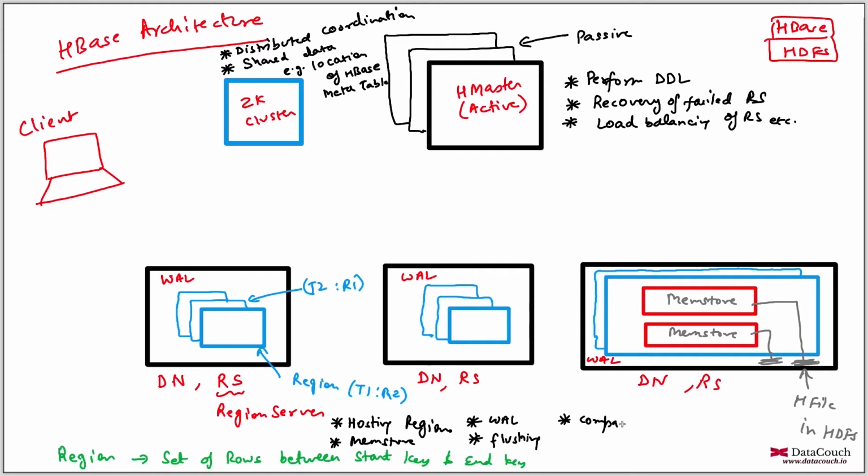So region server is also responsible for combining these small files into a larger file, because in HDFS small files are not recommended. If you have small files in HDFS, then you will face a lot of issues. So therefore it is also responsible for compaction. Yeah, so I'm just writing like this, at a high level. There are many other details, but since it is a crash course, I don't want to go into a lot of details about HBase, but understand how it is working.